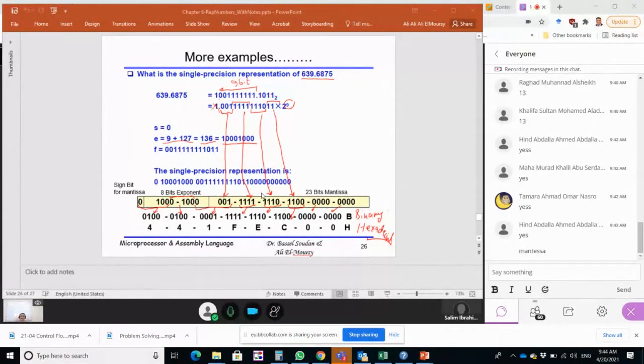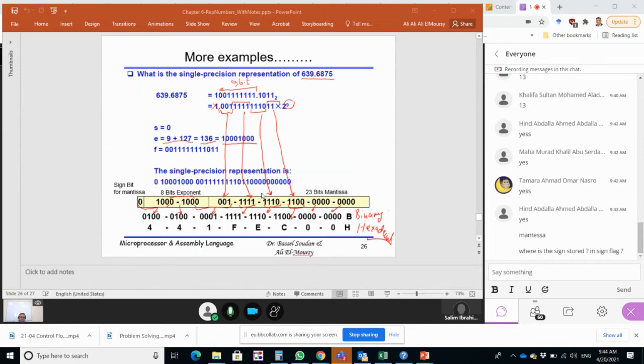And they are not placed together in the floating point. 23 bits are the low significant bits and the sign is the most significant. ومحشور في وسطهم in the middle is the 8 bits of the exponent. Agree? Make sense?